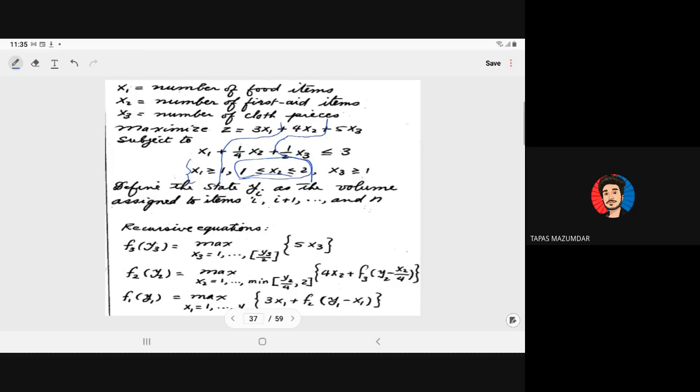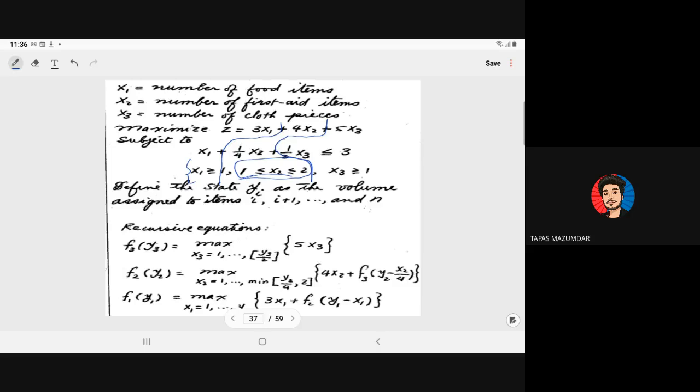So what is the recursive equation? For stage 3, the recursive equation will become R3(x3) plus F4, or you can say 5x3 plus F4(y4), and F4(y4) is 0.